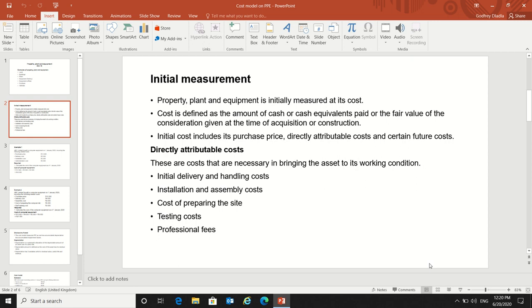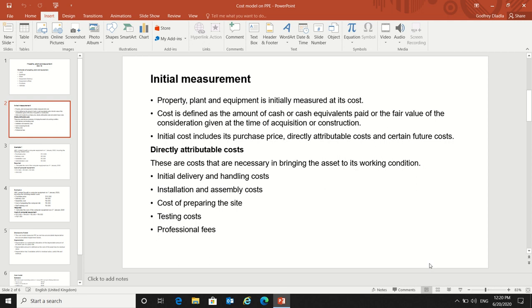Cash equivalent is a situation whereby you say to someone, give me a vehicle, I will give you a building. Obviously, if you get the vehicle, you've given someone a building, which is a cash equivalent that you've paid. Then they say, or the fair value of the consideration given at the time of acquisition or construction.